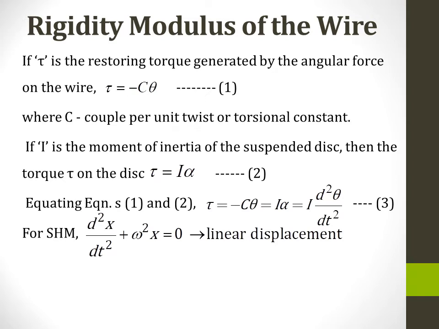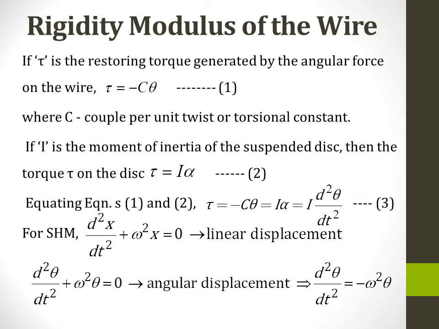We write it in the analogous form for the angular displacement as d square theta by dt square plus omega square theta equal to 0. We have just replaced x, the linear displacement, with theta, the angular displacement. And taking the omega square theta term to the right hand side, we have d square theta by dt square equal to minus omega square theta.